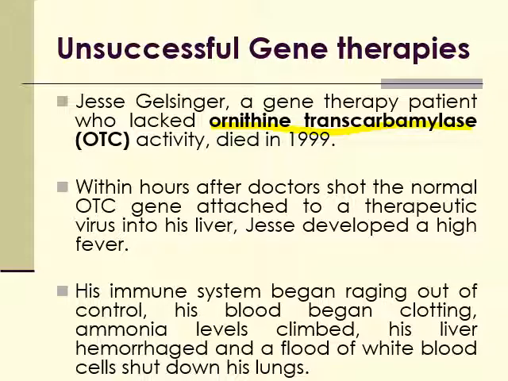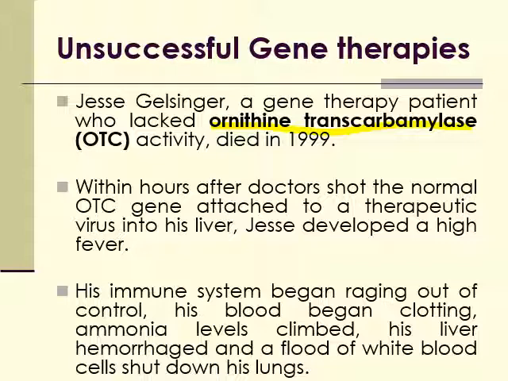So Jesse volunteered for a gene therapy experiment designed to test possible treatments for OTC. He thought he could help newborns afflicted with OTC by being a volunteer. He enrolled as a subject in an experiment in which a vector carrying a normal OTC gene was injected into his liver.